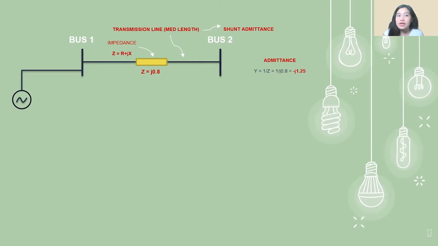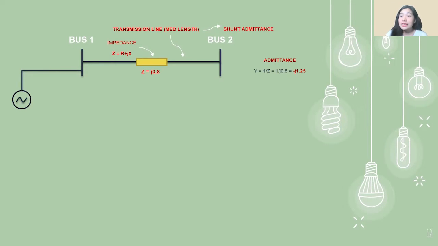Our impedance has this equation: Z equals R plus jX. R is the resistance, j is the imaginary number, and X is our reactive component or reactance, be it capacitive or inductive, and so on.